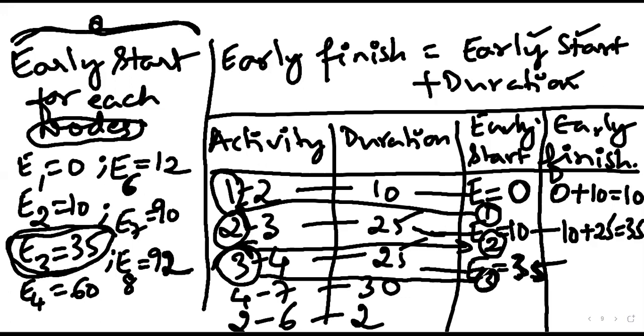Just tell me the answer for 4-7 in that case. What should be the early start of 4-7? 60. E4, correct? Why 60?